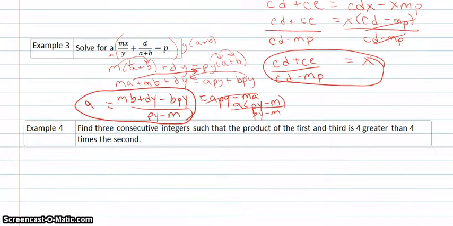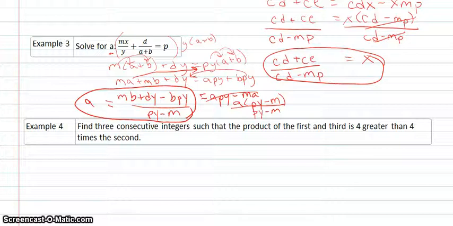Alright, and then our last example, we have one of those consecutive integer problems. It says to find 3 consecutive integers such that the product of the first and third is 4 greater than 4 times the second. Okay, so we're just having consecutive integers. So it'd be n, n plus 1, and n plus 2.